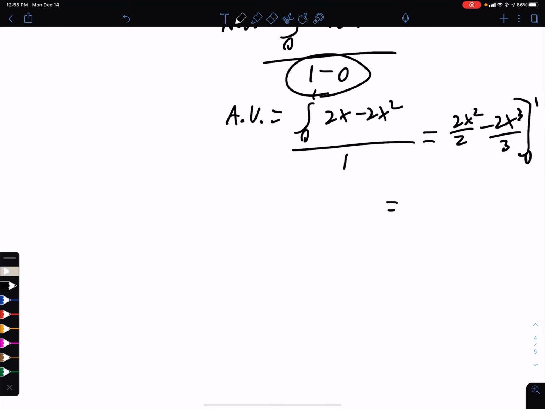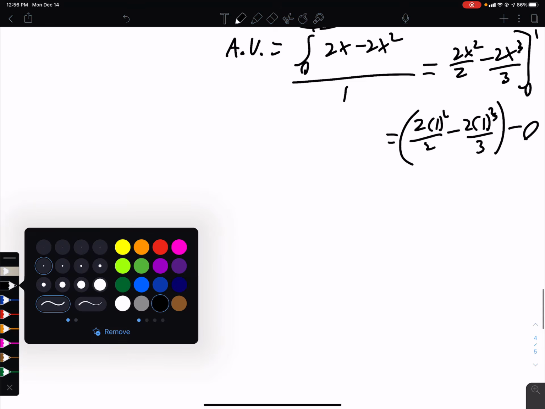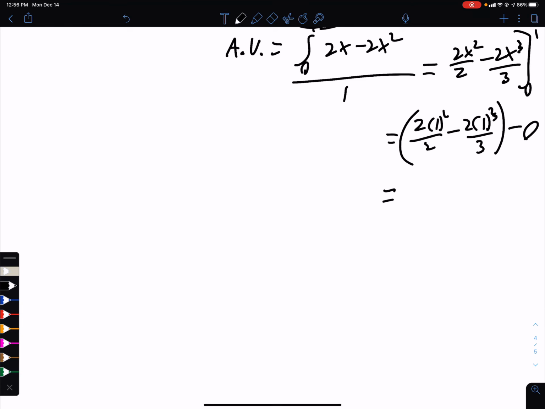I plug in 1 on top. I plug in 1 again for the second part of that. Then I plug in 0. But when you plug in 0, that's just 0. So it's minus 0. So here's my answer. That's going to be 1 minus 2/3, which is 1/3. That's my average value of this function.